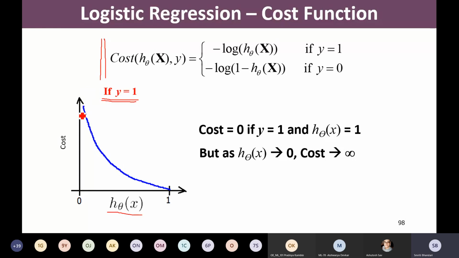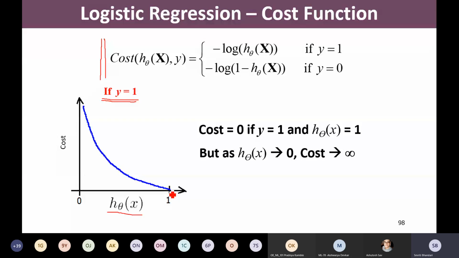Right? So what we are interpreting is, if the actual class is 1 and if h theta x, that is the predicted class, is also 1, obviously the cost associated is 0. Meaning the actual class of the label is 1 and my hypothesis is also predicting the class of the example as 1.